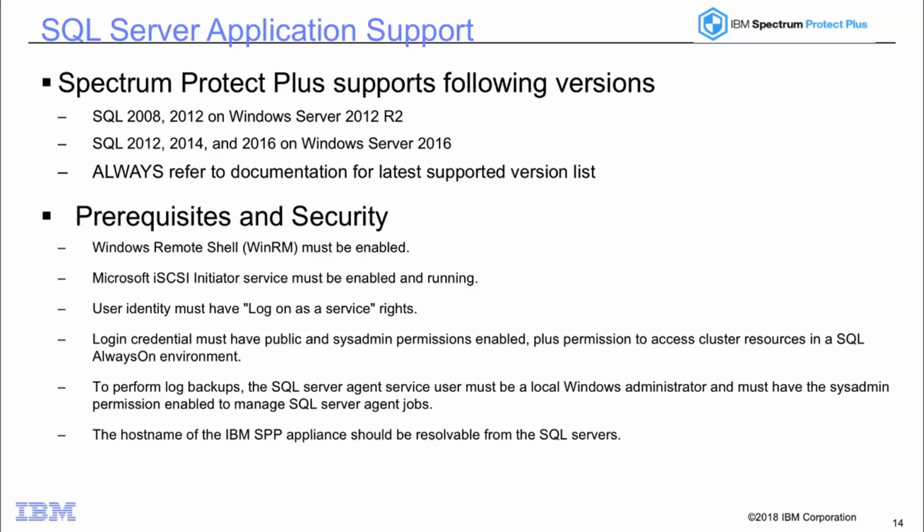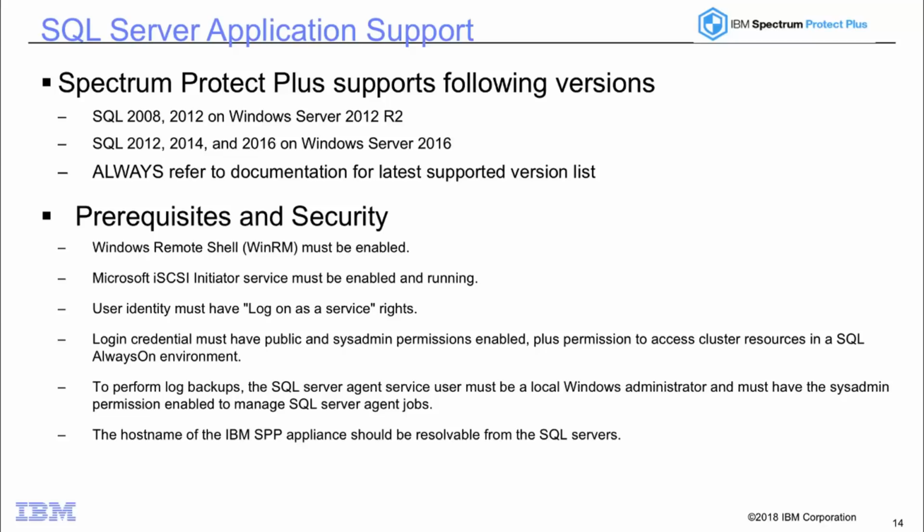So first of all, the Spectrum Protect Plus supported versions. As of this recording, it's SQL Server 2012 on Windows Server 2012 R2, and SQL 2012, 2014, and 2016 on Windows Server 2016.